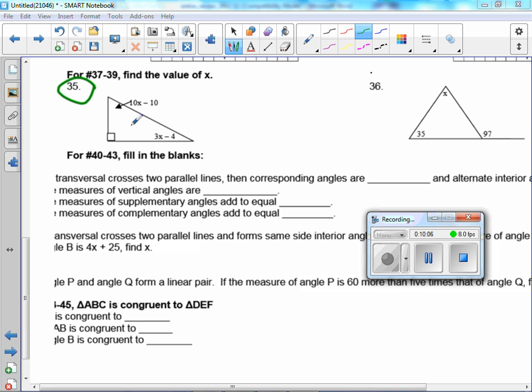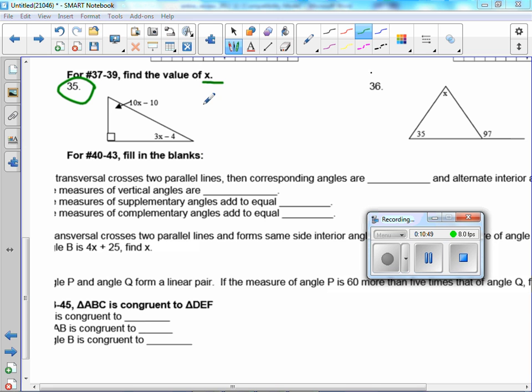Number 35. It says find x. Okay, so we know this is a 90-degree angle. So we want to find x, and we know the whole thing is 180, right? So we know that it's a 45-45-90 triangle, so if this is a 90-degree angle, then these must be 45 and 45.